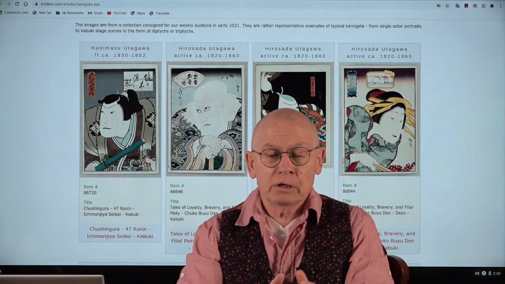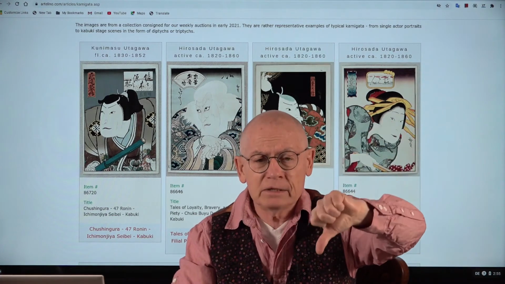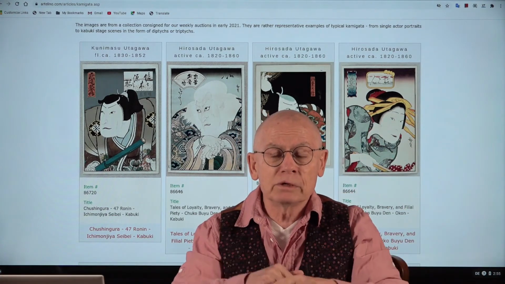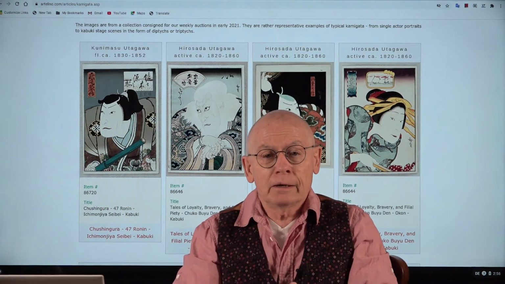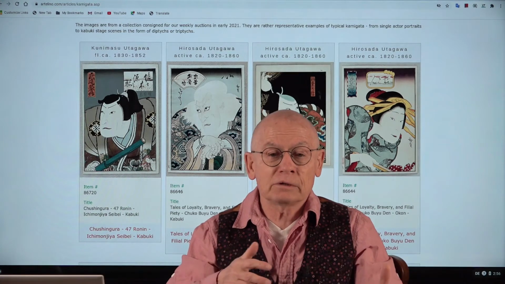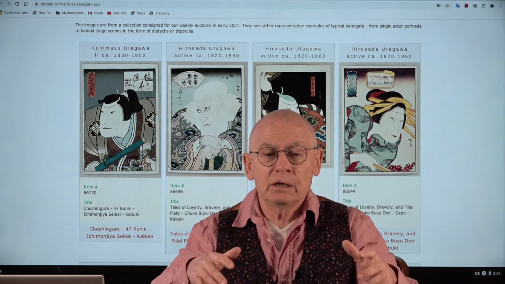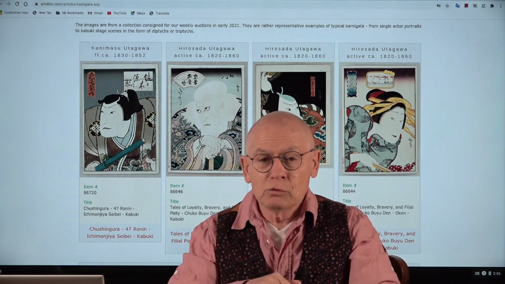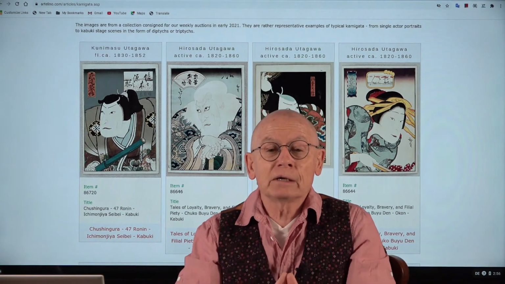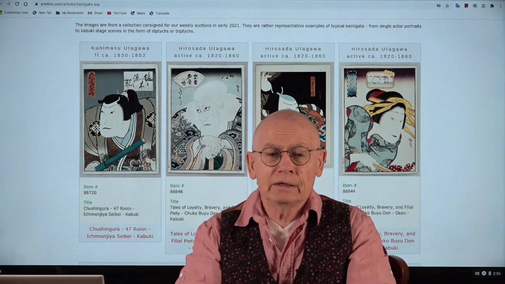So the publishers got all kinds of bans for making kabuki prints. There were restrictions on the number of colors they were allowed to use. The price was limited, and a few more things. And the publishers thought, okay, let's make them a little bit smaller, and then they look less like luxury.